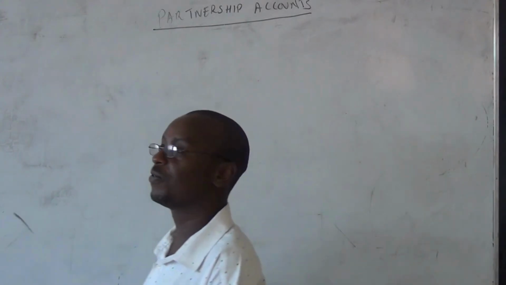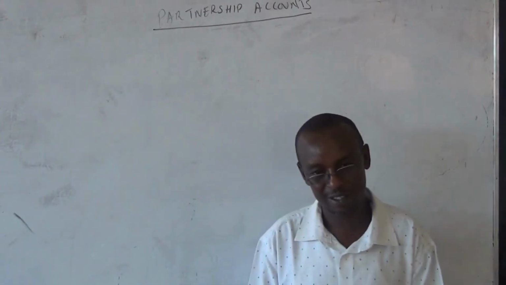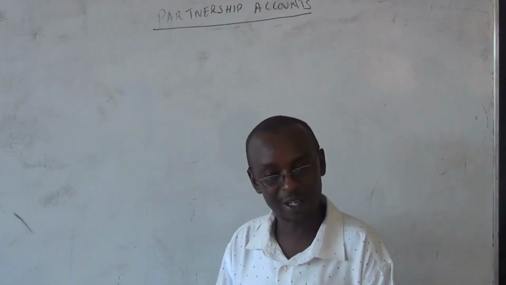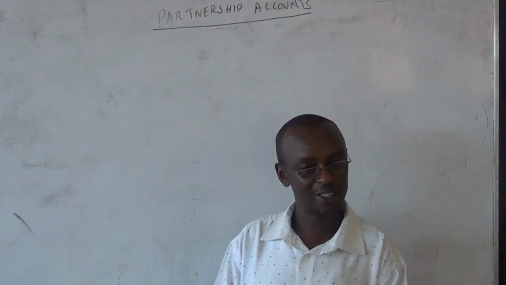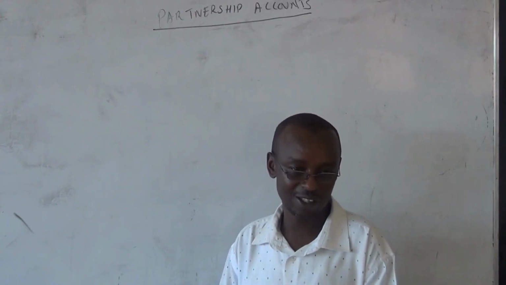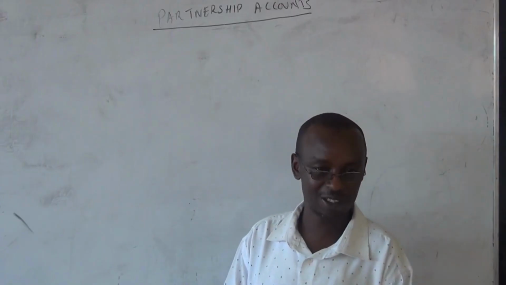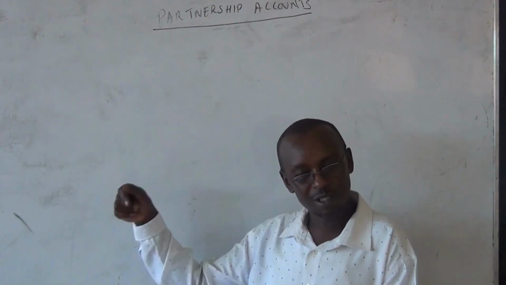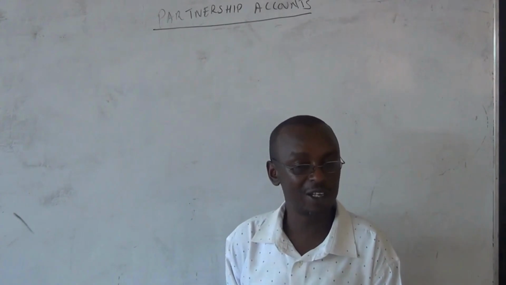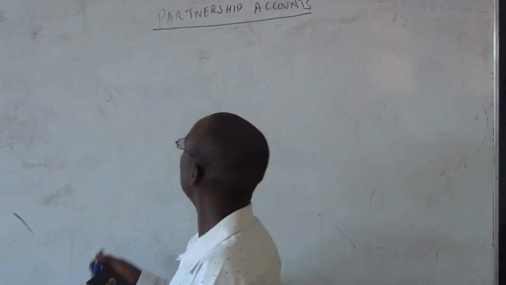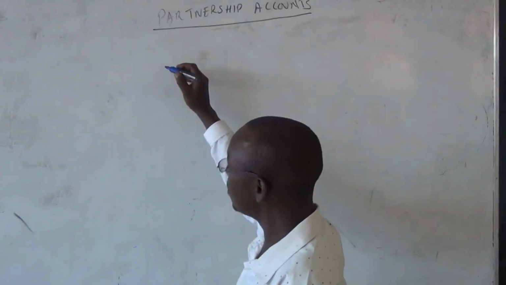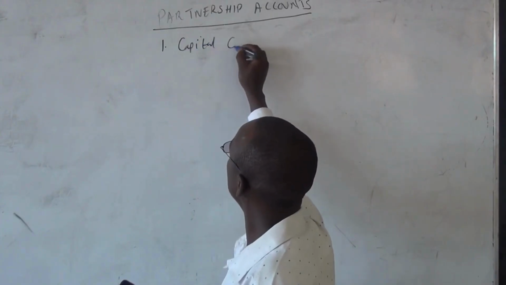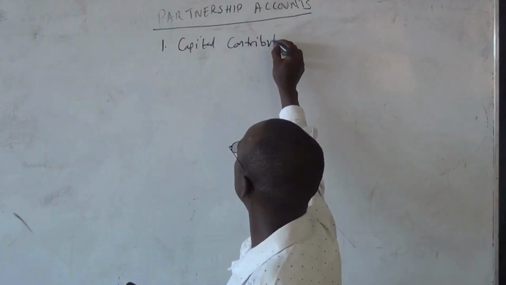Then you have this capital they have invested. If that person would have invested that money elsewhere, he could be getting an interest, isn't it? But he has decided to invest it in business, and now the money is generating the profit. So for this money that he has invested, the partners will agree on interest on capital. So we have said the first thing they agree on is capital contribution.